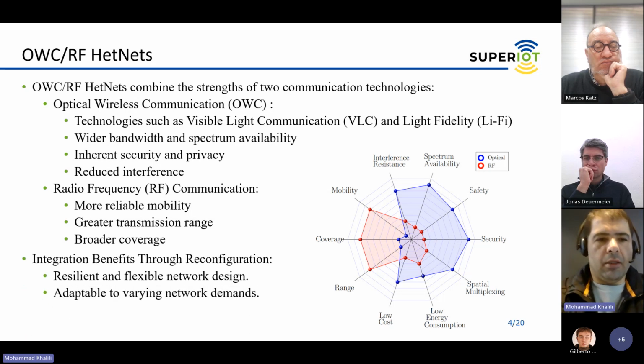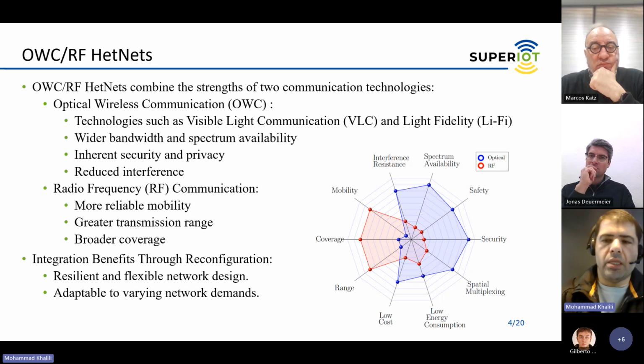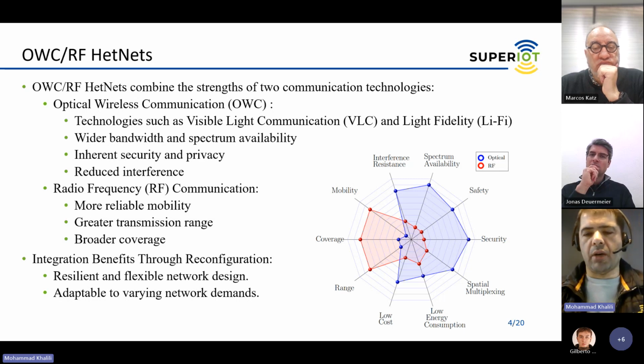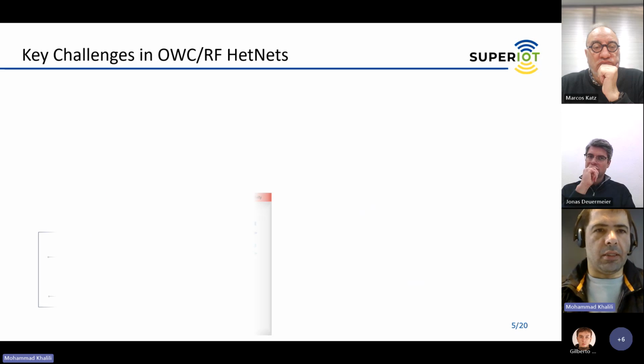In practice, integration of these two technologies provides a reconfigurable network or a hybrid network that is resilient, flexible, and adaptable, and we can have the advantage of both technologies, and the disadvantage of each technology can be covered by the other one. But there are some challenges in this.